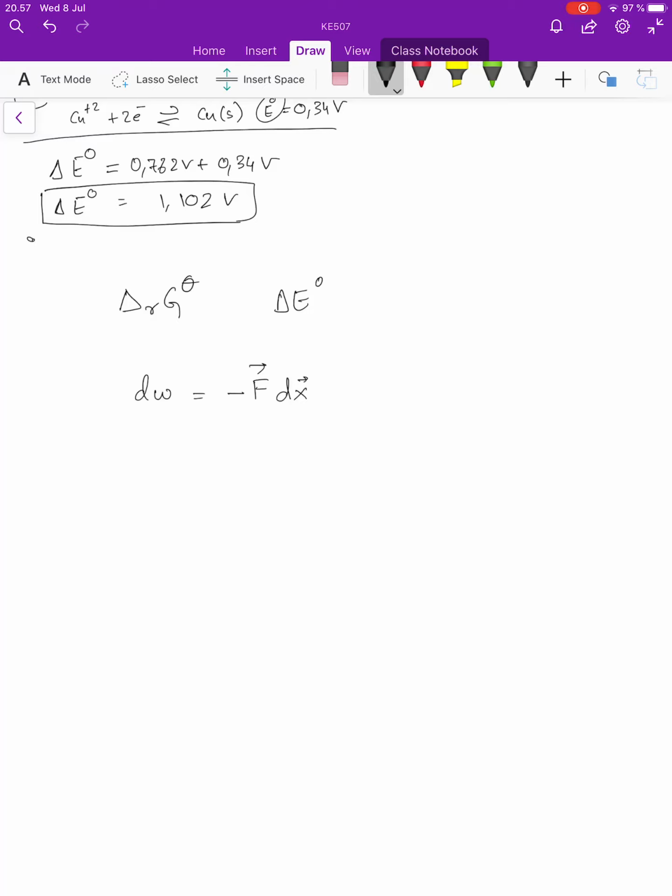If the work is being done against an electric field, then the force is equal to the charge on the particle multiplied by the electric field, which I denote by this weird looking E, multiplied by dx. If the charged particle is going from point 1 to point 2 through a uniform electric field, then one can integrate this.